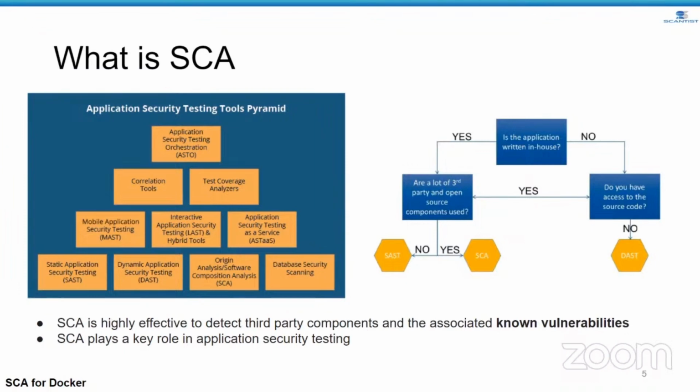SCA is also different from IAST, which is more like black box testing. This is like a use case diagram: if your application is written in-house and also references a lot of third-party libraries, then you use SCA, which is very common in the nowadays development process.